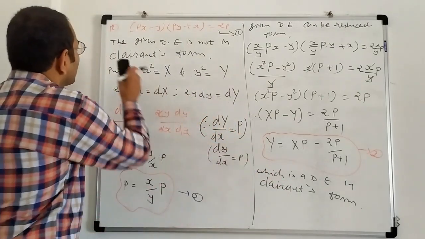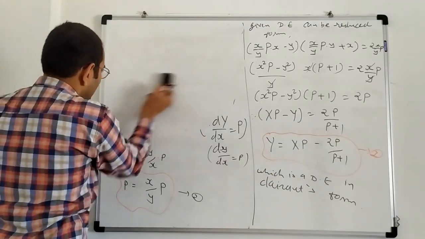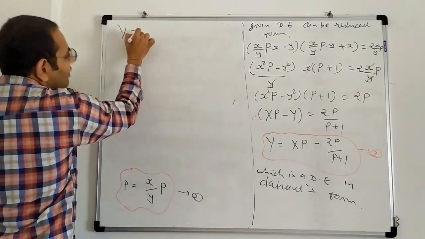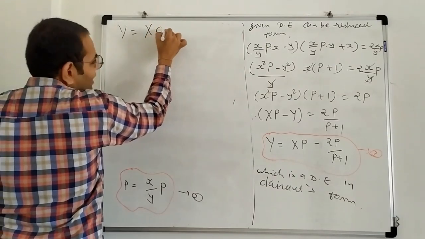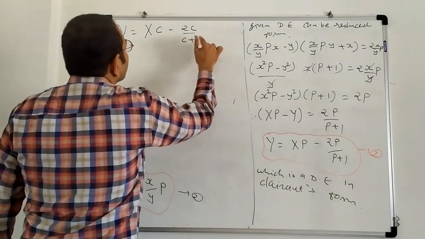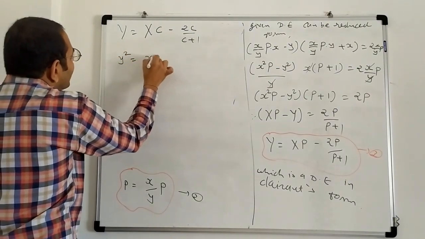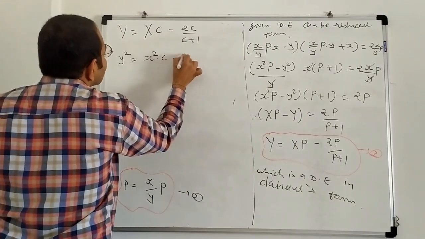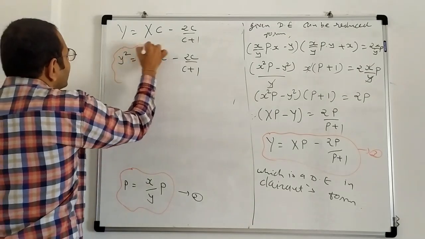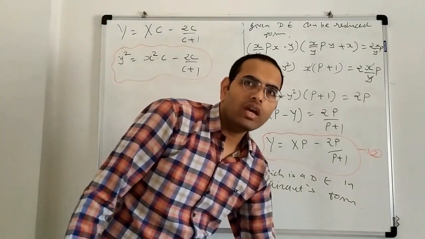So capital Y equals XC − 2C/(C + 1). Now substitute capital Y equals y² and capital X equals x², so y² = x²c − 2c/(c + 1), which is our required solution, where c is an arbitrary constant.